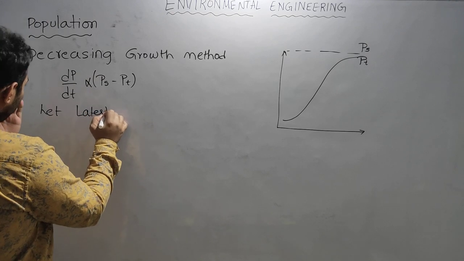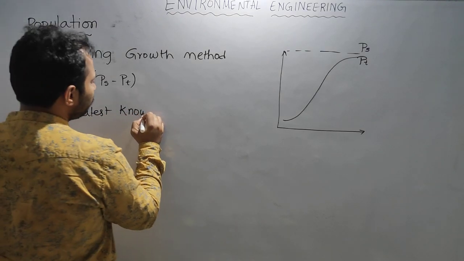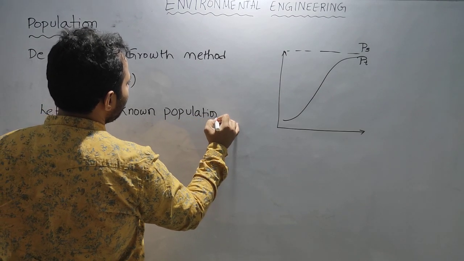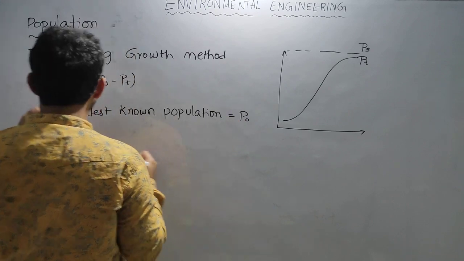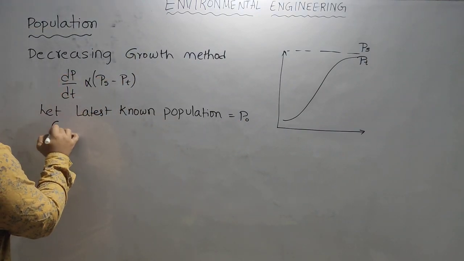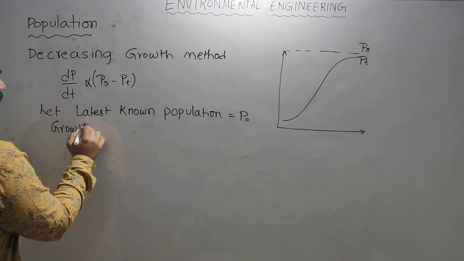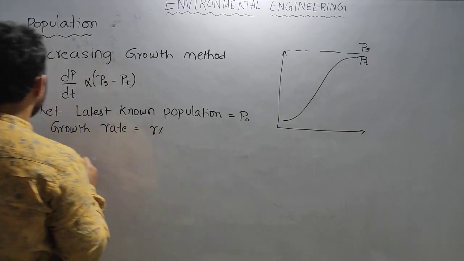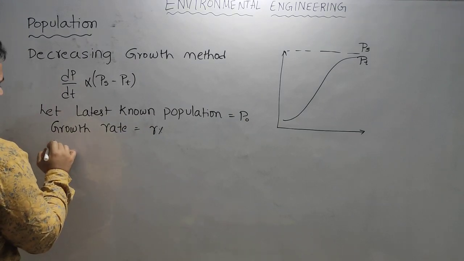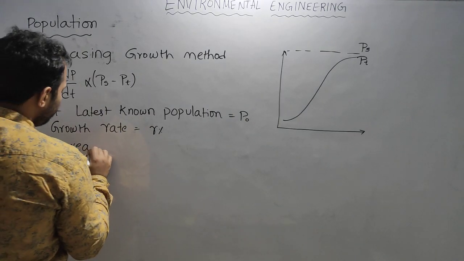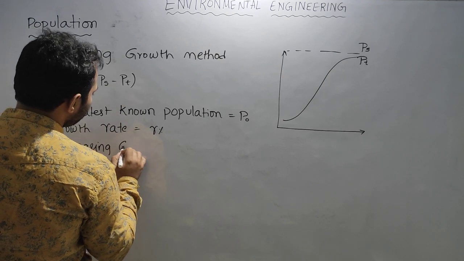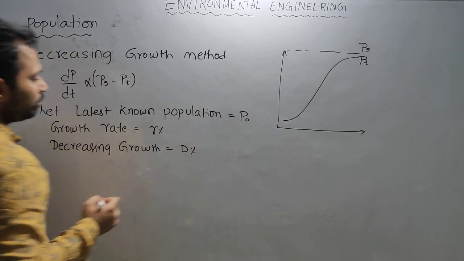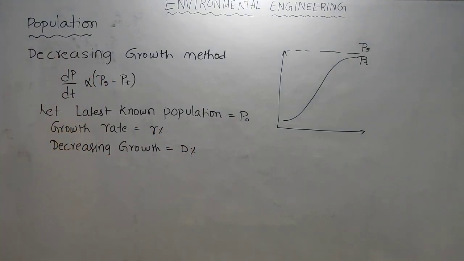The growth rate is R%, and let the decreasing growth be D%.